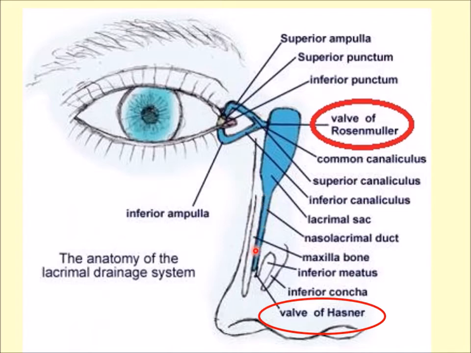And at the end of this nasolacrimal duct, in children or in neonates, there is a valve of Hasner. If it does not open, then it may cause congenital nasolacrimal duct block.